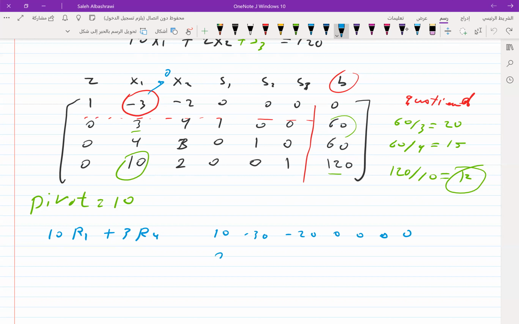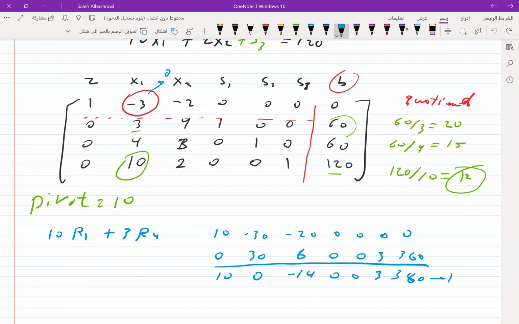Third row, I will have 0, 30, 6, then 0, 0, 3, 360. Add them. I will have 10, 0, minus 14, 0, 0, 3, and 360. Now this will be my first row.